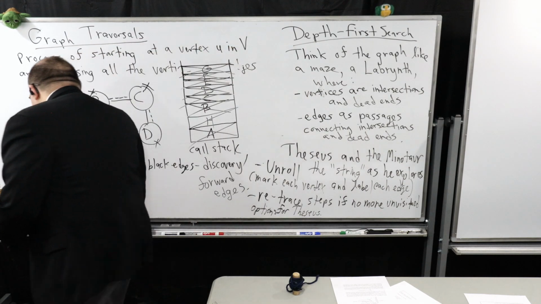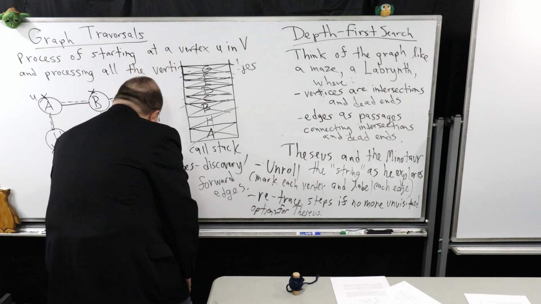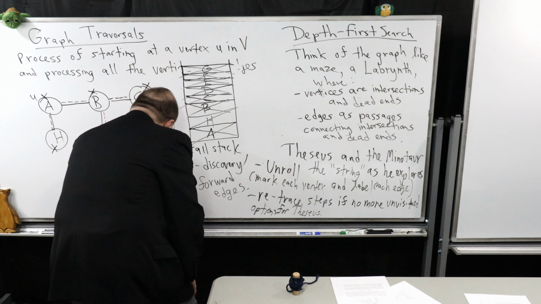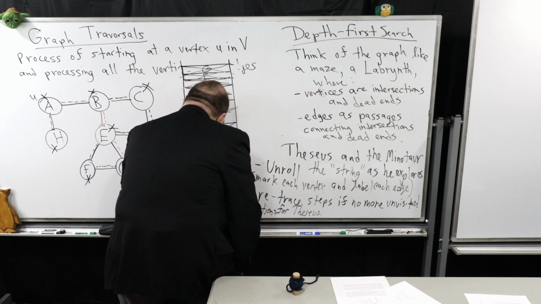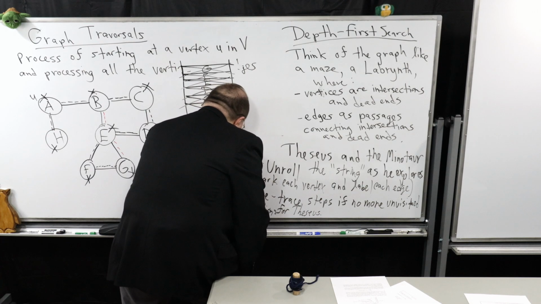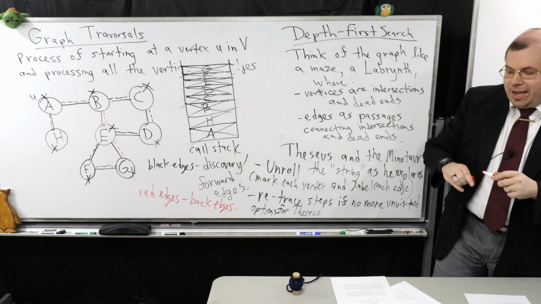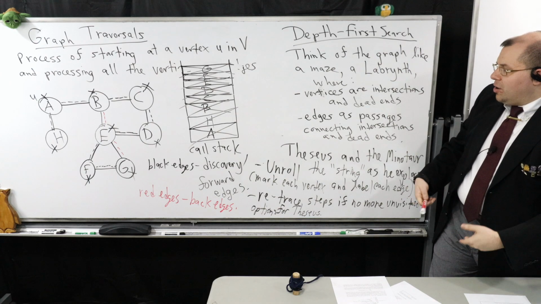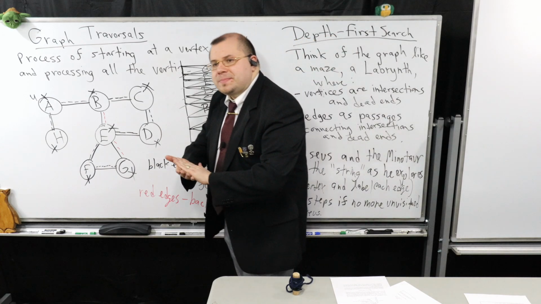The red edges, these are what we refer to as back edges. So any one of those red ones I would call a back edge. All the ones that are black, I call discovery edges.